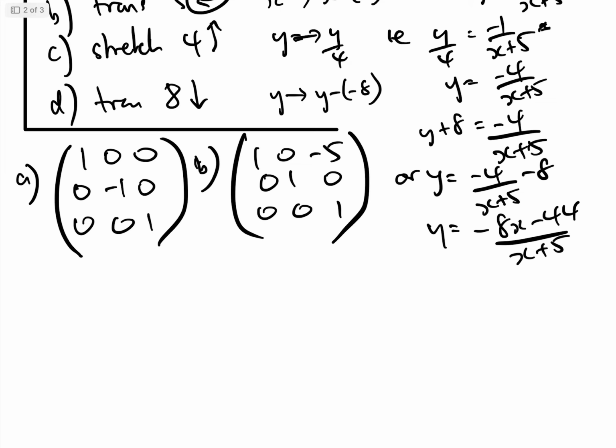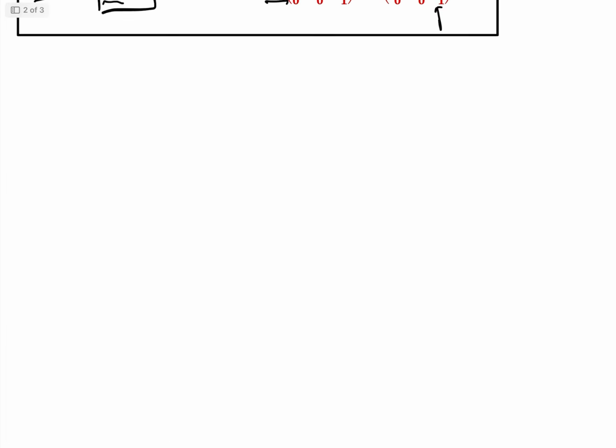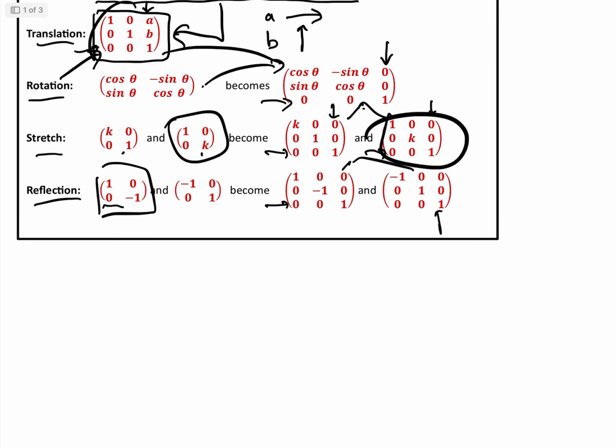And then C is the stretch of 4, and that's going to be 1, 0, 0, 0, 4, 0, 0, 0, 1. Because we're doing the 3 by 3, aren't we? And then finally, D, which is the translation 8 down, we're going to use this one again.